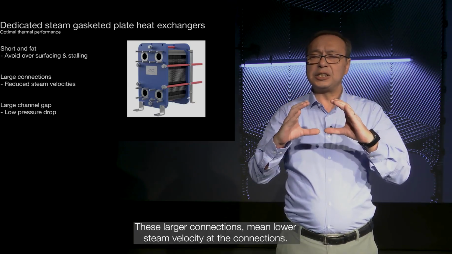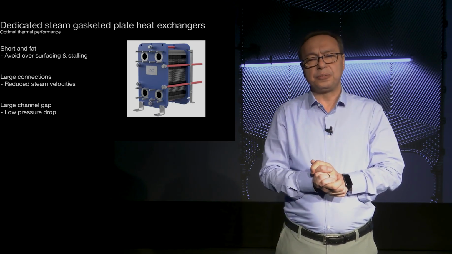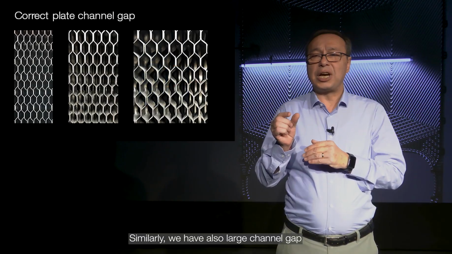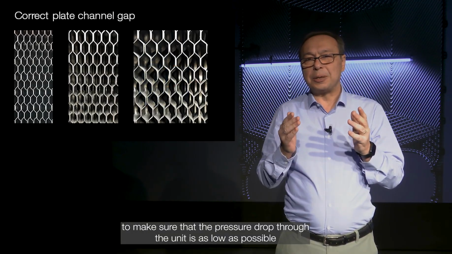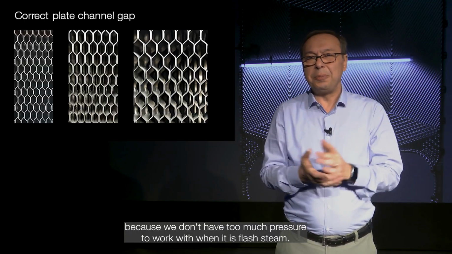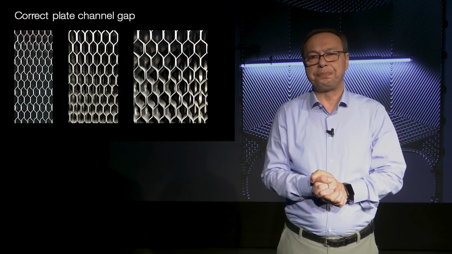These larger connections mean lower steam velocity at the connections. Similarly, we also have a large channel gap to make sure that the pressure drop through the unit is as low as possible, because we don't have too much pressure to work with when it is flash steam.